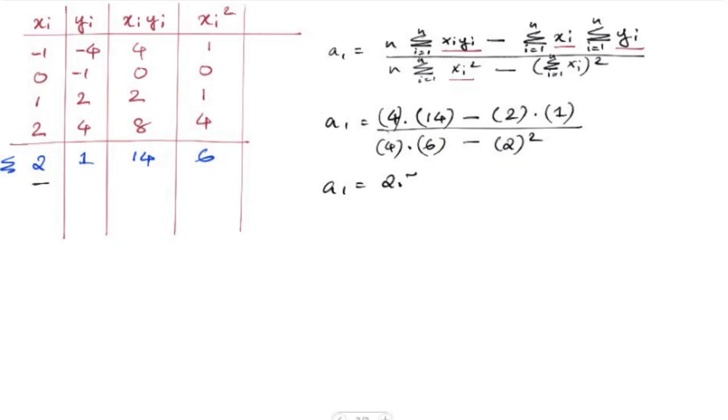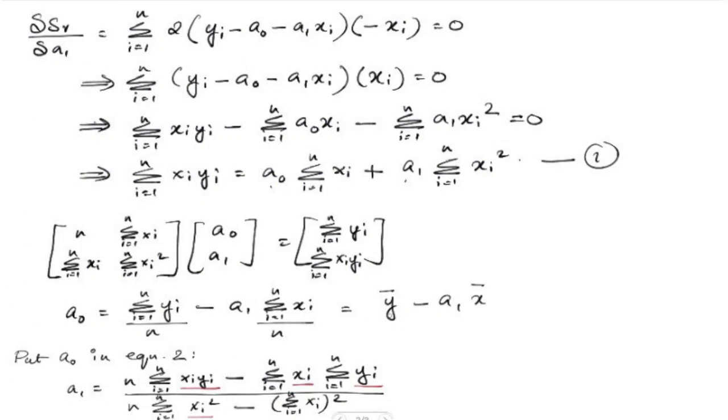So this will give you the value for a1 as 2.7. And now we know from before that a0 is equal to the average of y minus a1 times the average of x.